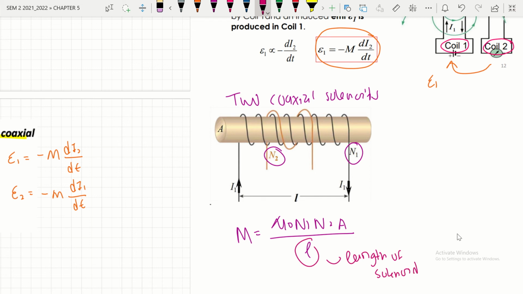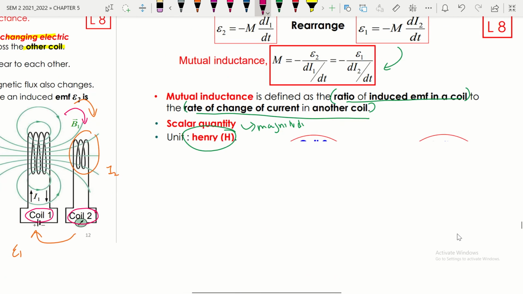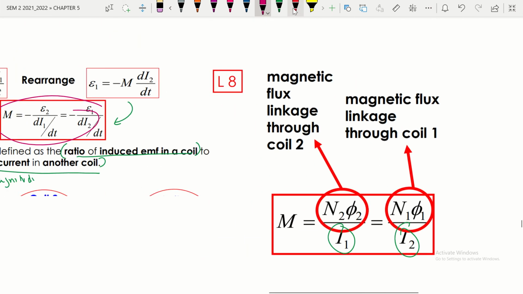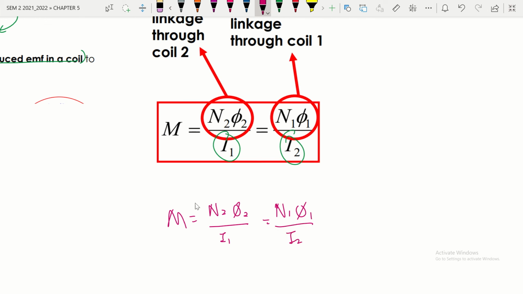As we know, another definition of mutual inductance is the ratio of induced EMF in a coil to the rate of change of current in another coil. It can also be written in terms of magnetic flux linkage: number of turns in coil 2 times the magnetic flux linkage through coil 2 divided by current 1, and also number of turns in coil 1 times the magnetic flux linkage through coil 1 divided by current 2.